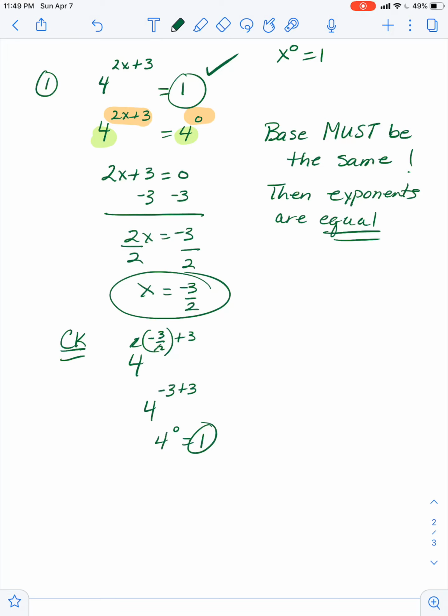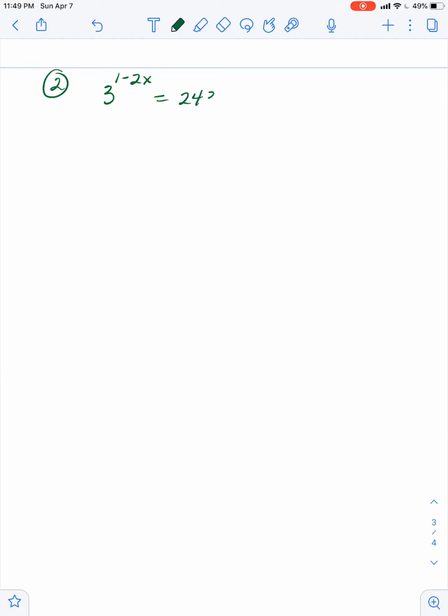So there's one good example. Let's do another one. 3 to the 1 minus 2x equals 243. Again, we want the bases the same, so we're going to have a base of 3.